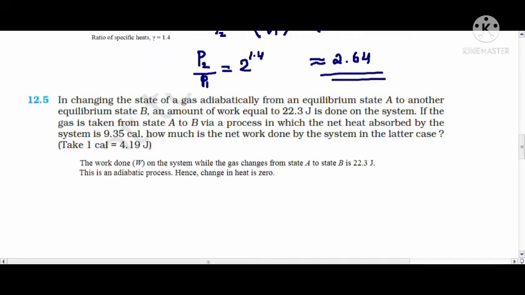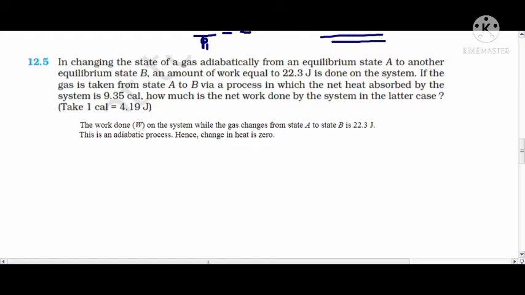Now next, question 5. In changing the state of a gas adiabatically from an equilibrium state A to another equilibrium state B, an amount of work equal to 22 joule is done on the system.